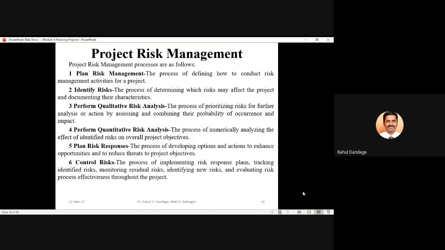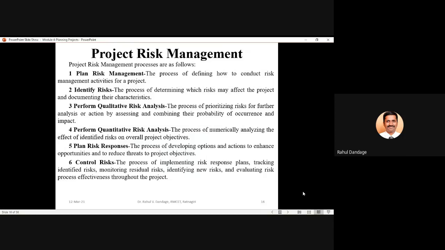It is a very useful document, also called a risk register, to understand the variety of risks possibly affecting your project.